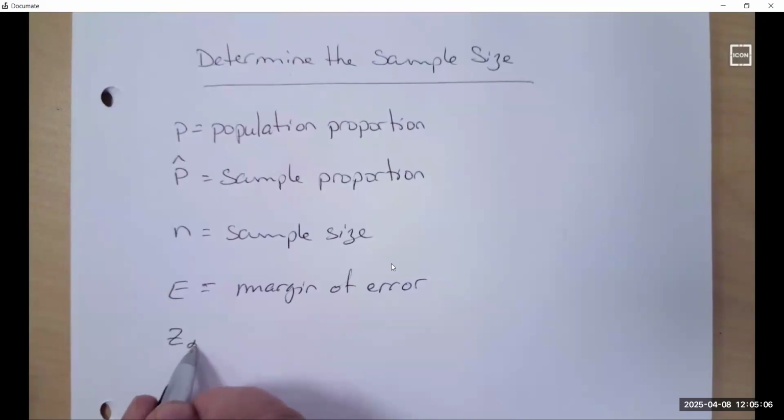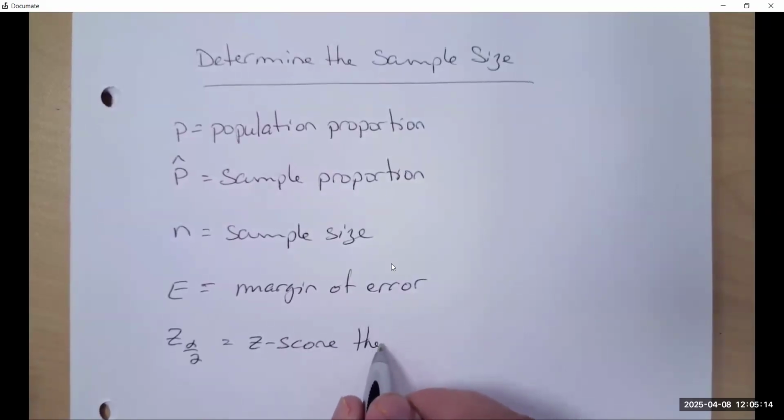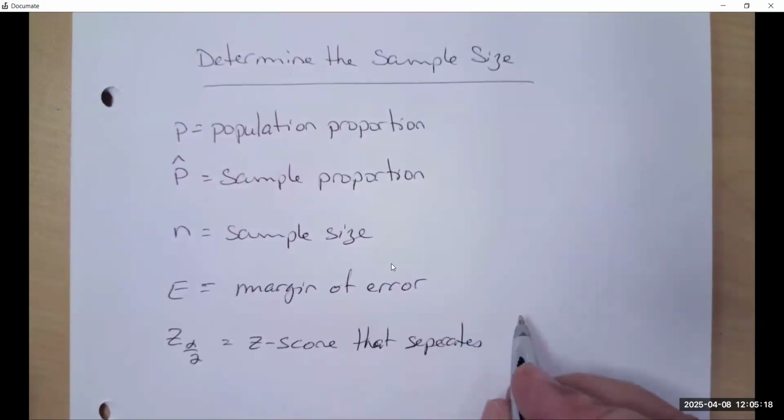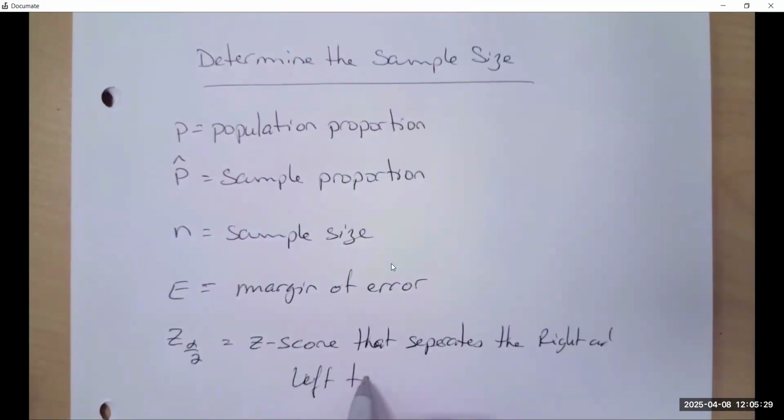And Z alpha over 2 is the Z-score that separates the right and left tail tests at alpha over 2.